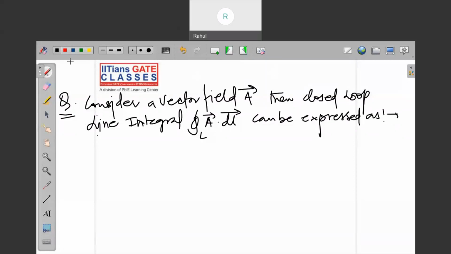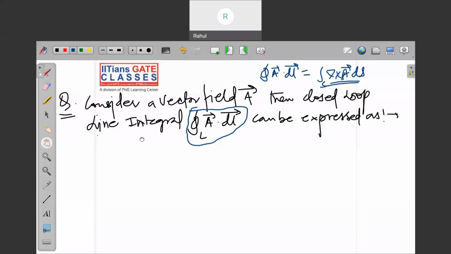See, you have to compute the line integral. So we get the open surface integral of curl of A ds. In the options, wherever you find open surface, that is going to be the answer. Let me write here the options.